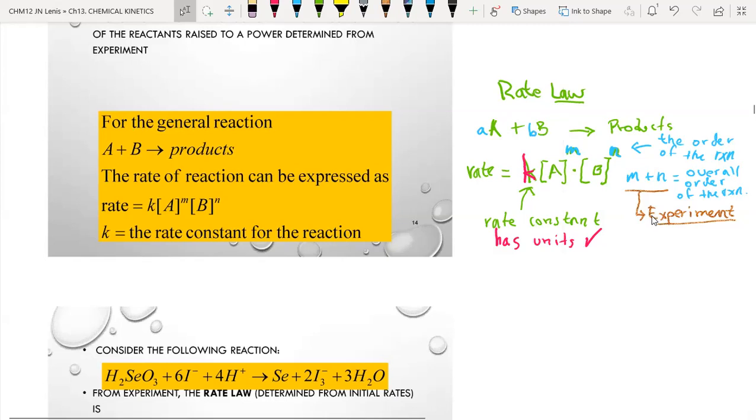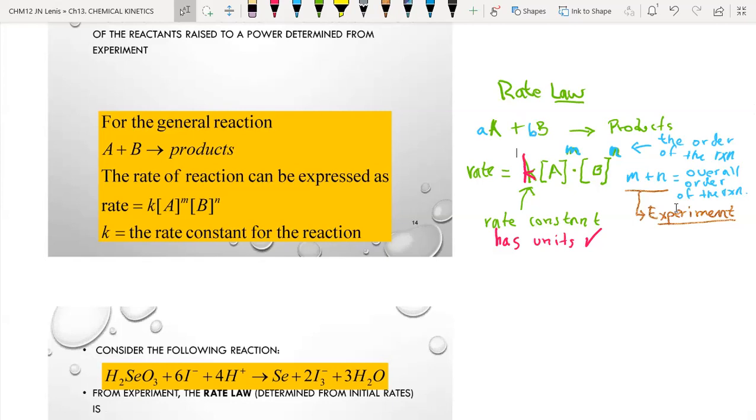This is experimental data. I had to repeat that many times because it is a really important concept, and you will learn how to find these exponents. We have an actual lab to do it here. I'll show you how to work with these orders and what information you can get from these numbers, from the order of the reaction.